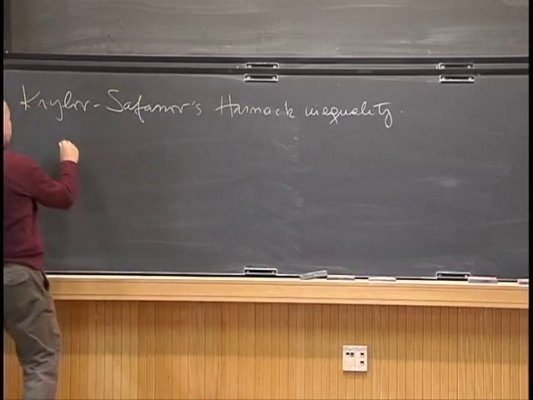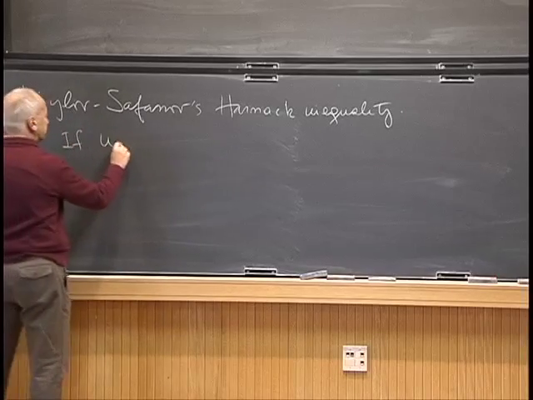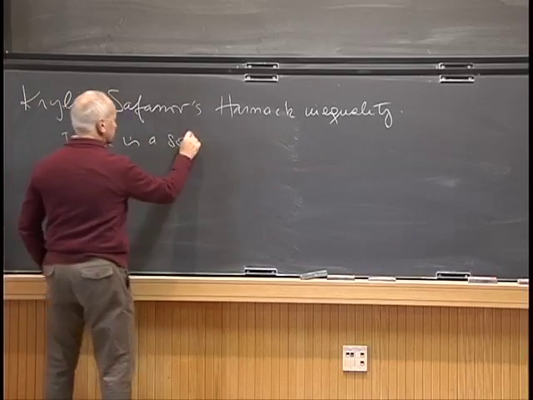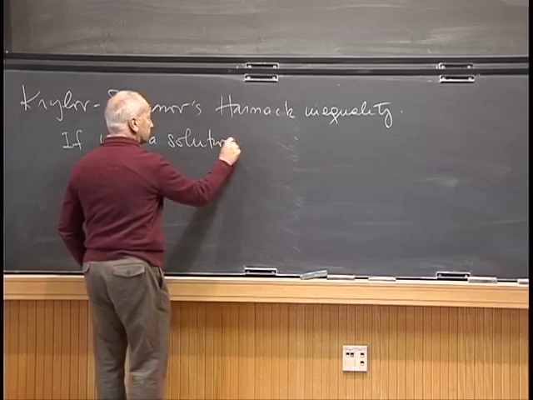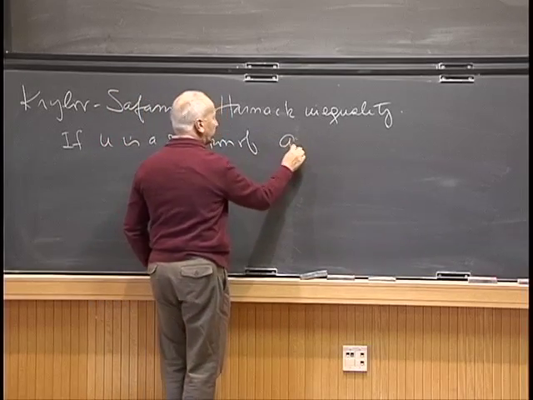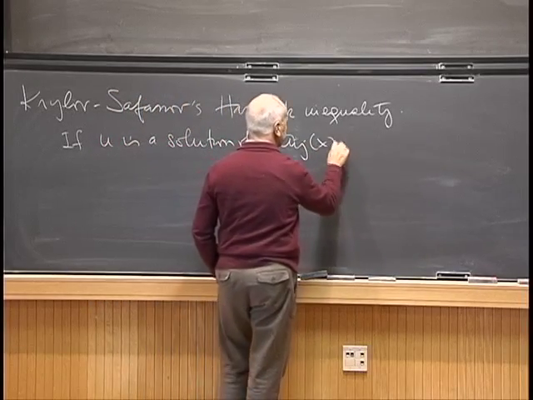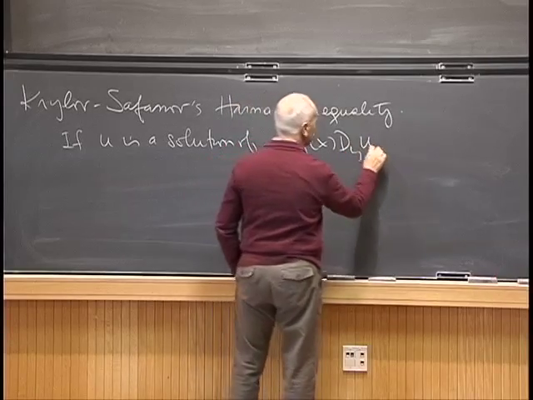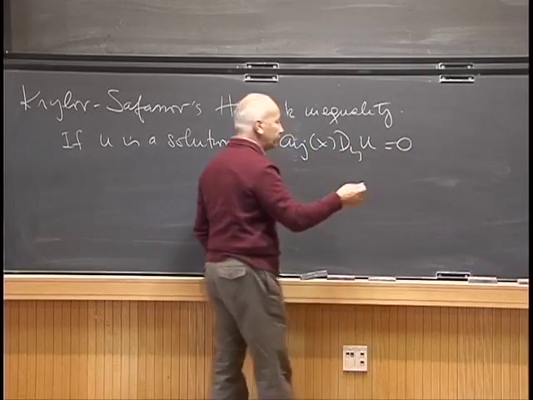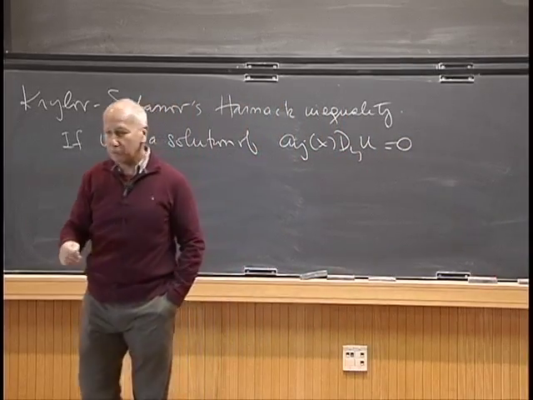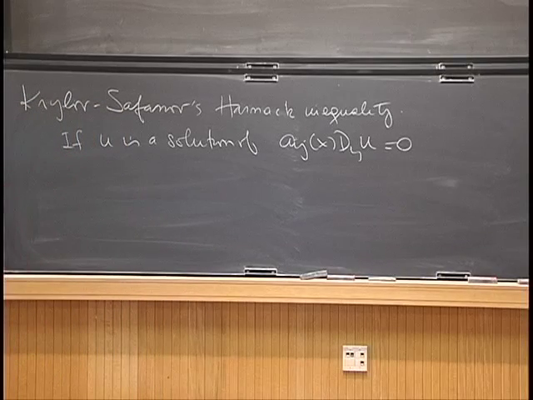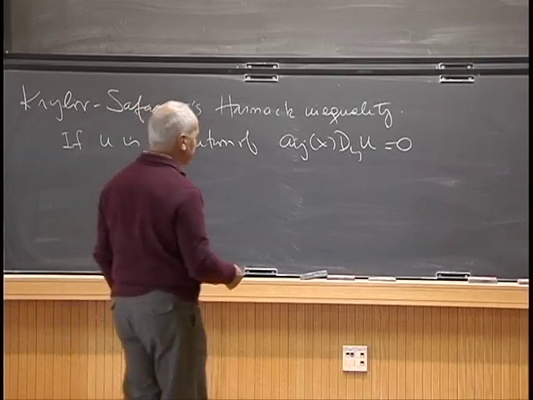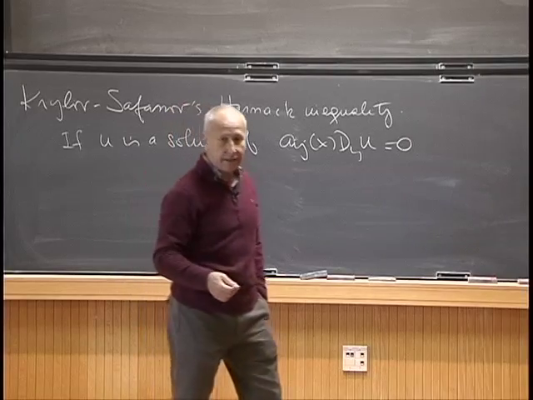So if you have a solution of an elliptic equation in non-divergence form, the aij's, you can assume them as smooth as you want, but the problem is that you are not asking for any a priori modulus of continuity. So they can become, as will happen in homogenization, highly oscillatory, right?